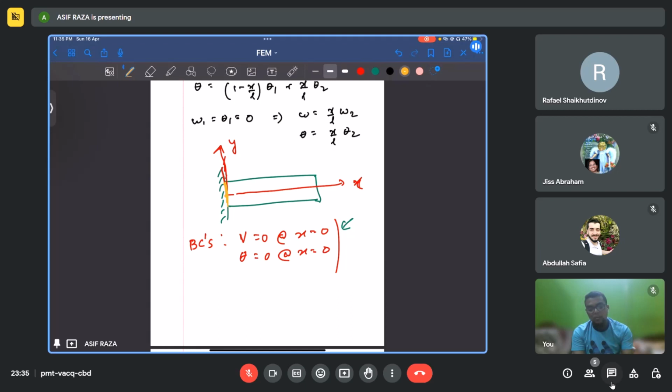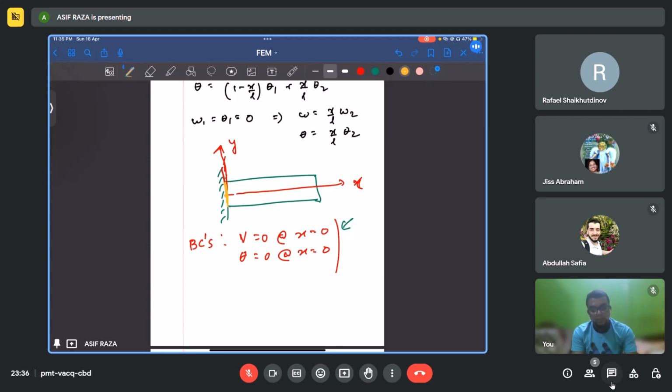So I'll tell you. Depending on the problem, normally when it is solved analytically, they will integrate it and they will have a constant of integration, right? When the equilibrium equation is there, it's a differential equation, right? When you integrate it, you'll have constants of integration. To remove those constants, we substitute the boundary conditions.